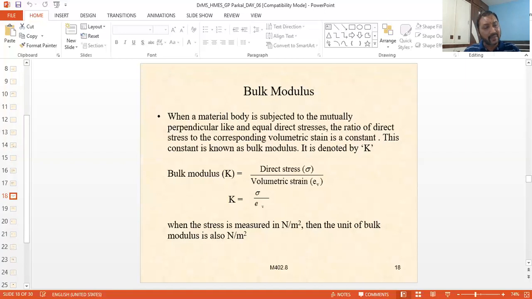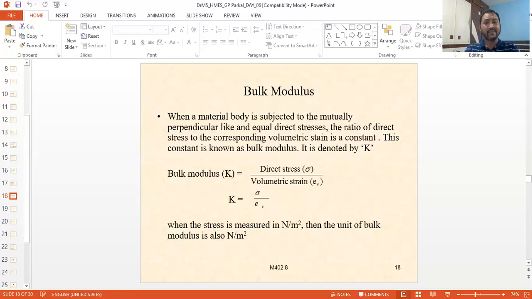Now the bulk modulus can be defined as the ratio of the direct stress to the volumetric strain. Whenever a body is subjected to forces along three mutually perpendicular axes, it produces some direct stress and also some volumetric strain.